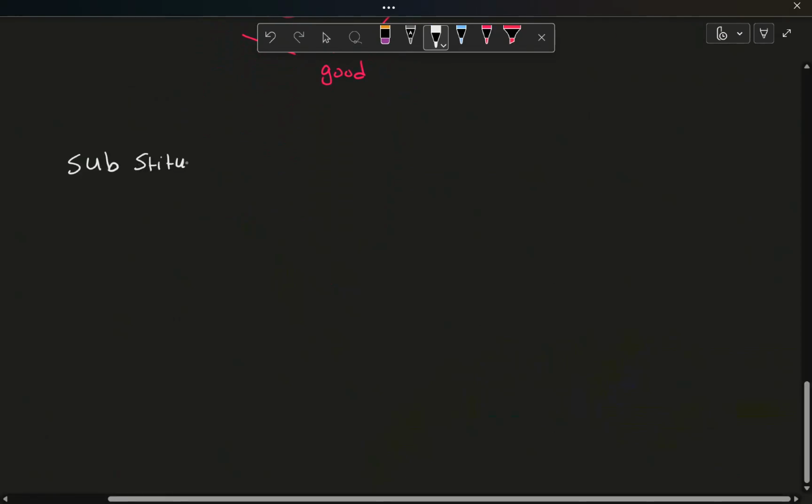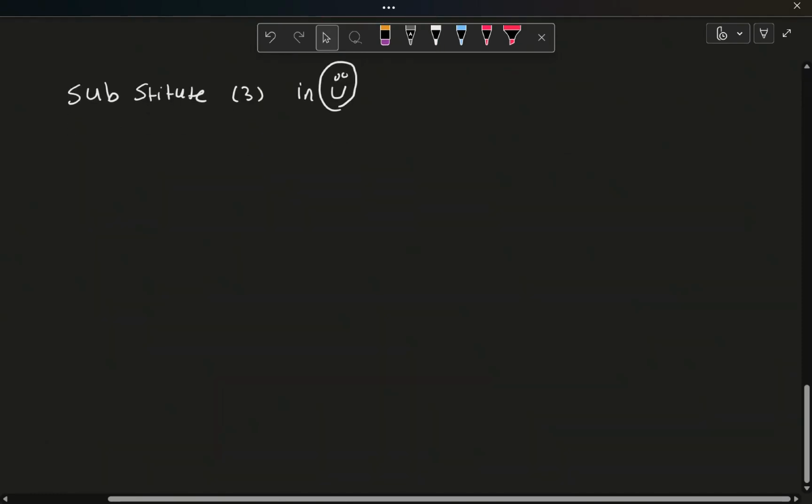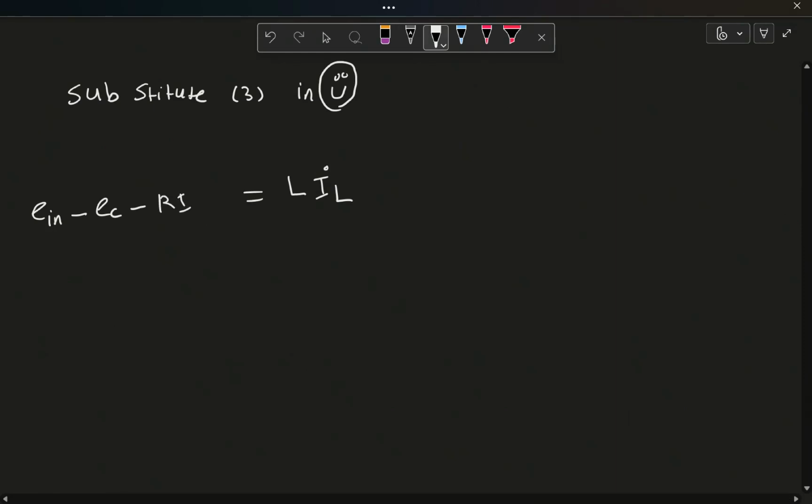Okay, substituting 3 in the smiley will solve the problem. Substitute equation 3 in the smiley. Let me rewrite the smiley one more time. EL equals L I dot L. Now, instead of EL, I'm just going to put it from equation 3. So it's going to be EN minus EC minus R IL. Good? Okay.